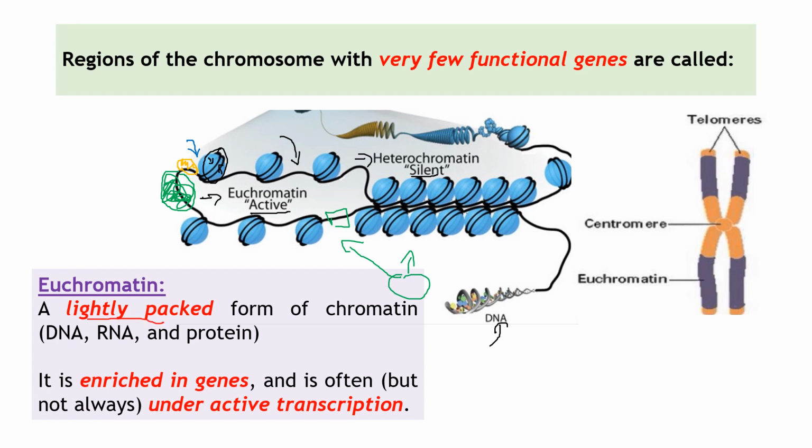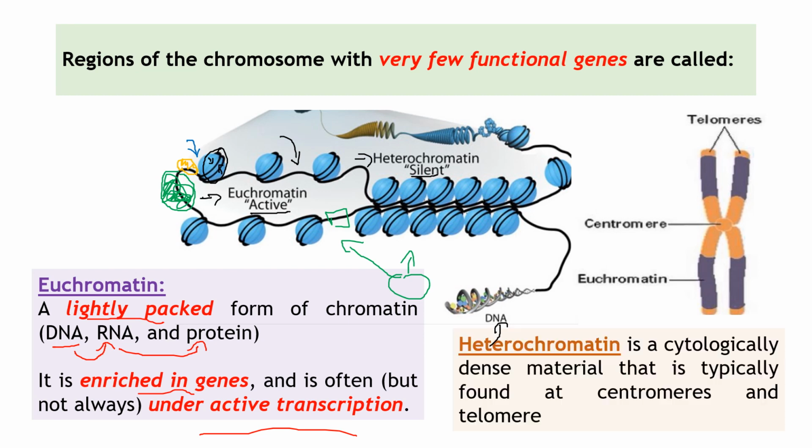It is formed by DNA that, as it is slightly packed, later will be transcribed into RNA, and then into proteins. So it is enriched in genes and is often, not always, under transcription. Okay, so they are very active regions, and they are under transcription constantly.